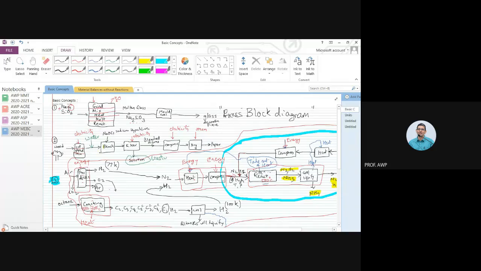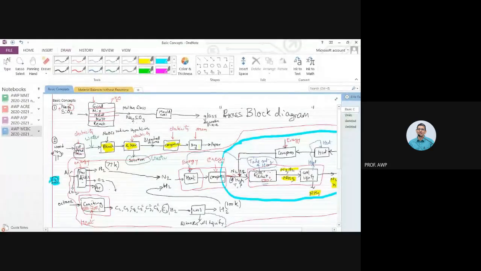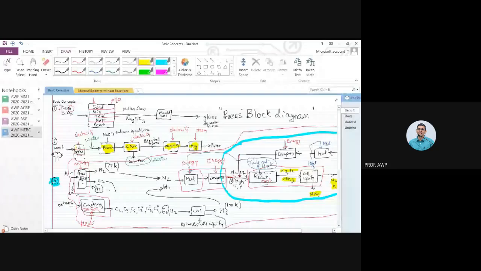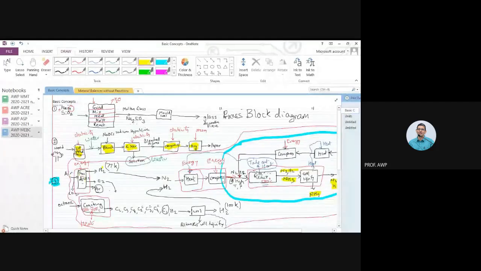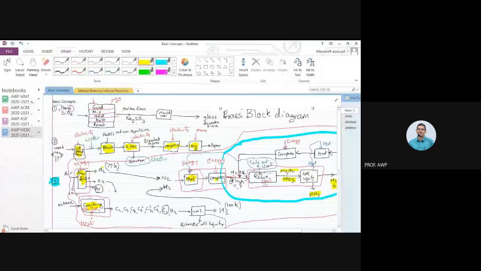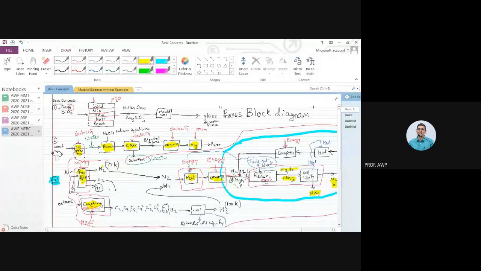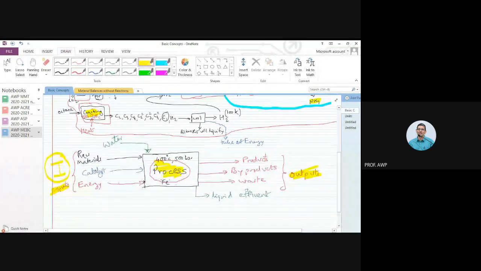It involves blocks like this. For example, bleaching is a block, filter is a block, compression is a block, drying is a block, cutting is a block, grinding is a block, mixing is a block, fractional distillation is a block, cracking is a block, heating is a block, compression is a block. Whatever we draw in this square box is the process that is going on in that block.